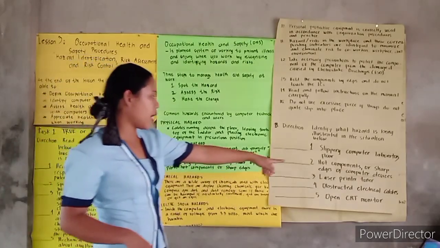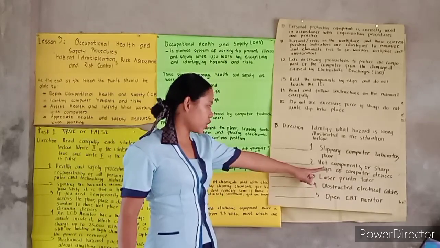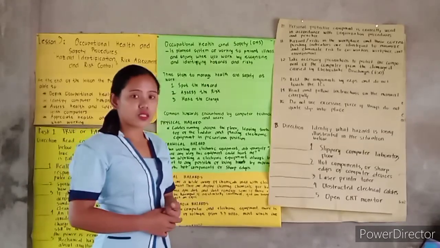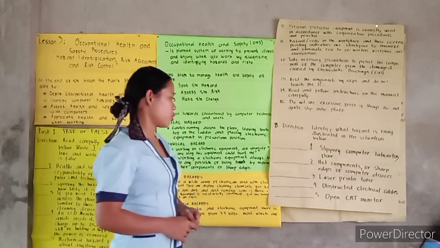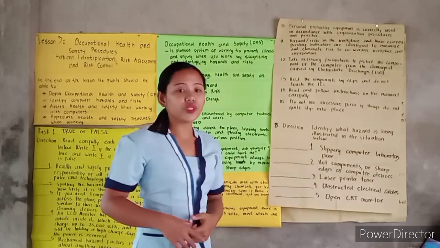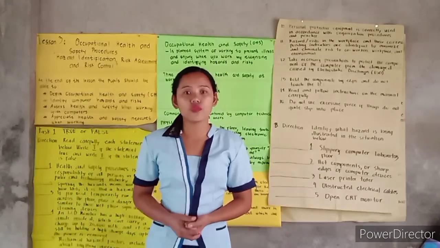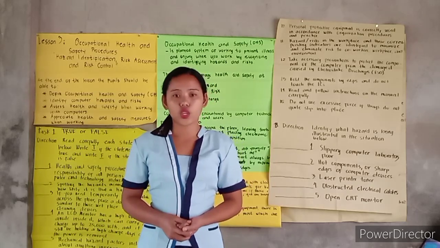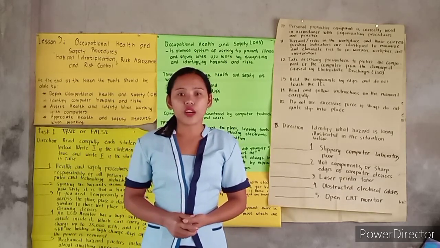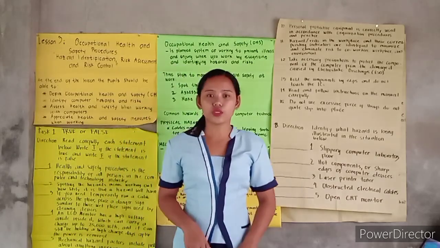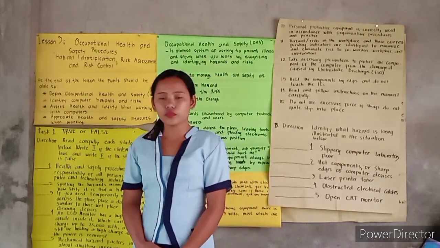Number 2, hot components or sharp edges of computer devices. Which hazard does it belong to? So you will answer this 1 to 5 also. After that, we will check your answers. You will answer in 5 minutes. Okay, start your answer now.